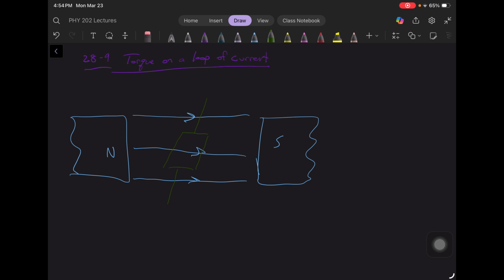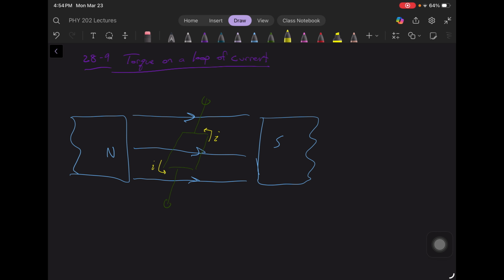That's good enough, I guess. And let's say it's sitting in something so that it's free to rotate if needed. Let's say we have a current going around here, coming back through here.